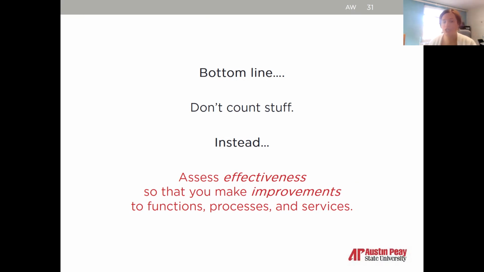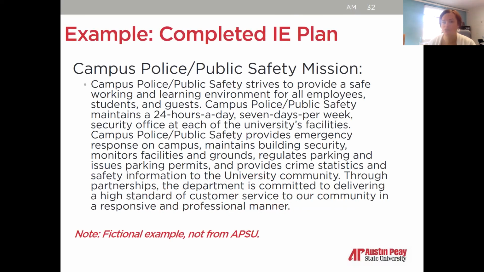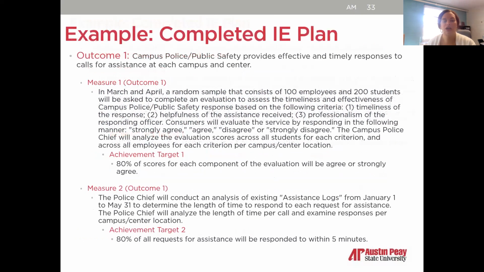In this presentation, I'm not actually going to show you all of this, but we do have an extended example that is not from here, it's made up, that shows you how this looks in totality. So this is more what the form is going to look like that we're asking you to fill out, where you take an outcome that you're measuring and you list that outcome, you describe the measure, and then you describe the target for that measure.